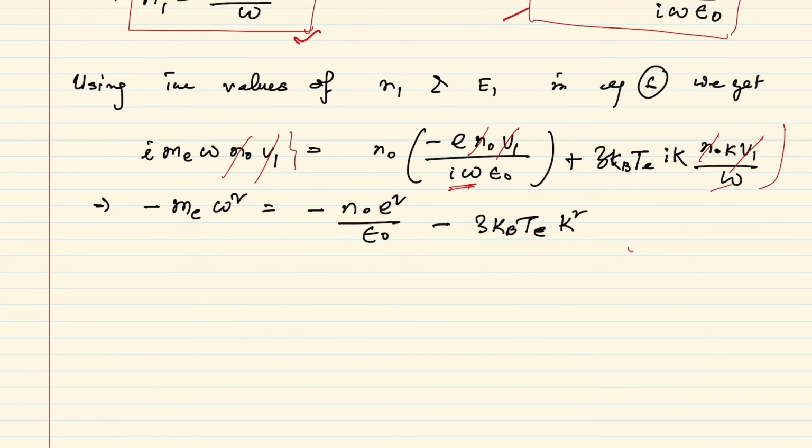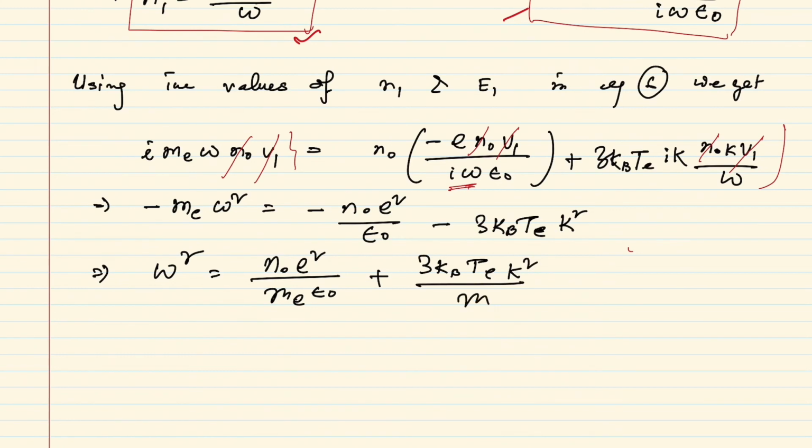From this relation, if you divide both sides by m e, then you will get n naught e square by m e epsilon naught plus 3 k B T k square by m e.